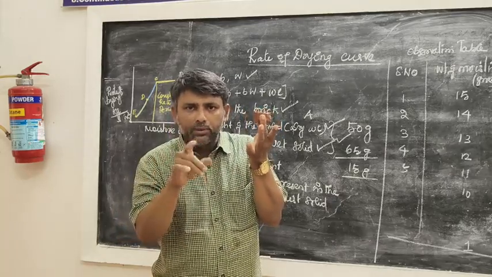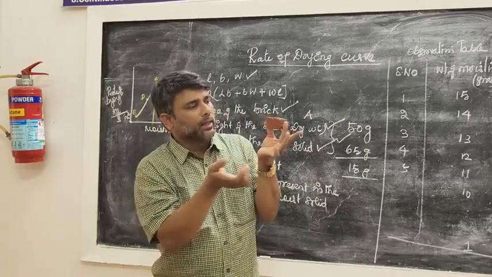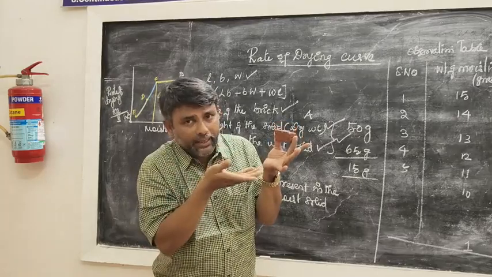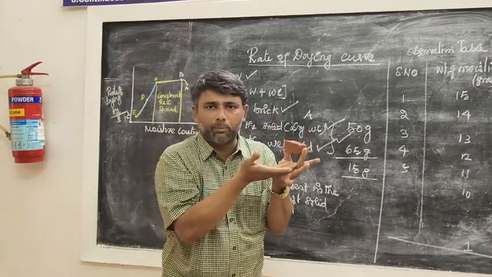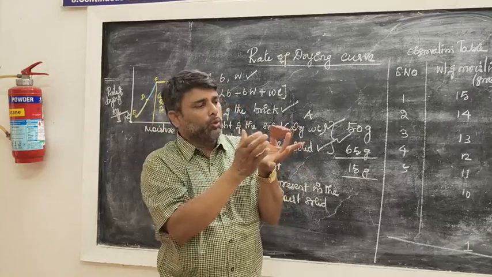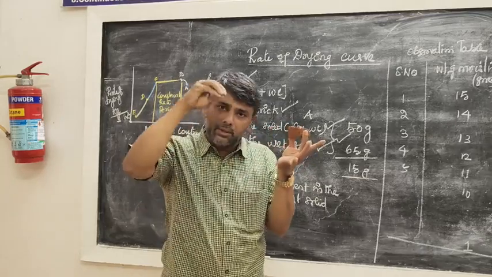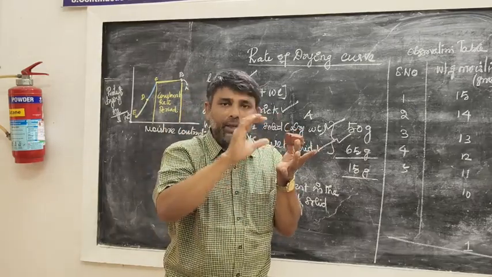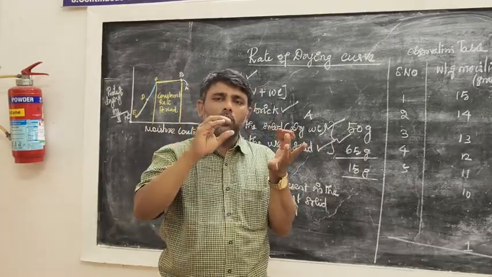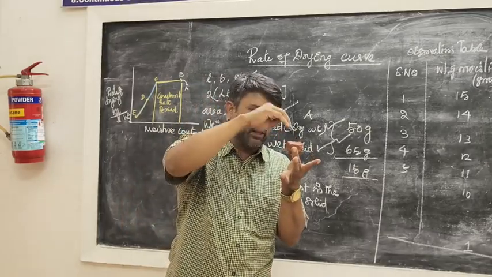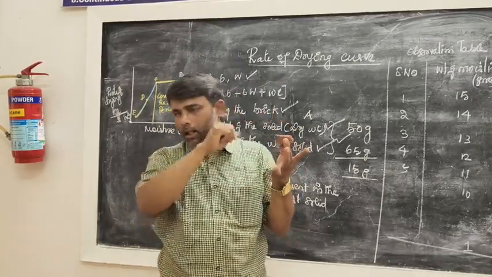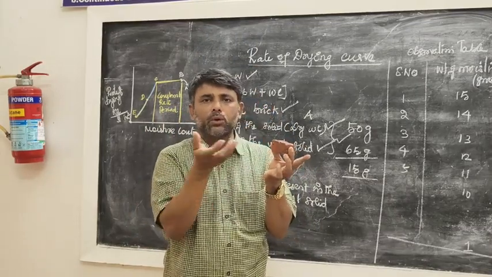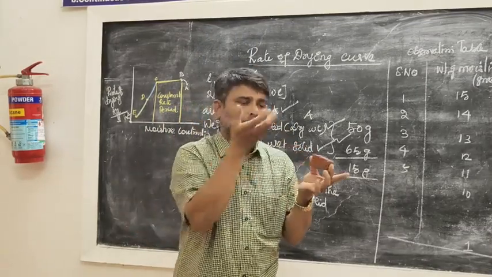During drying, the amount of moisture moving from inside to the outer surface of the wet brick is equal to the amount of water vapor at the outer surface that gets evaporated. That means the rate of evaporation is equal to the rate of moisture movement towards the outer side.